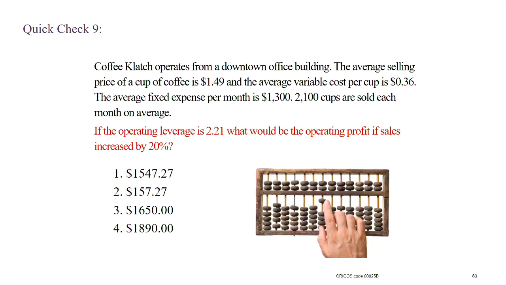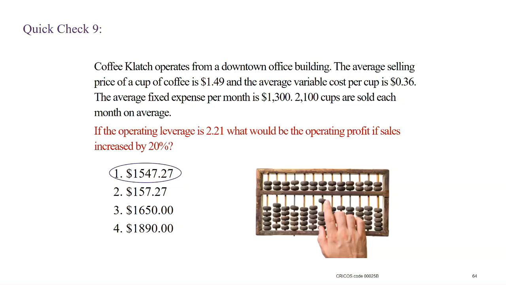Does anyone have an answer? The first one? Great. Okay, so what do we do to do this without going through the whole process of, yep? Yes, and how did you get 1.442?